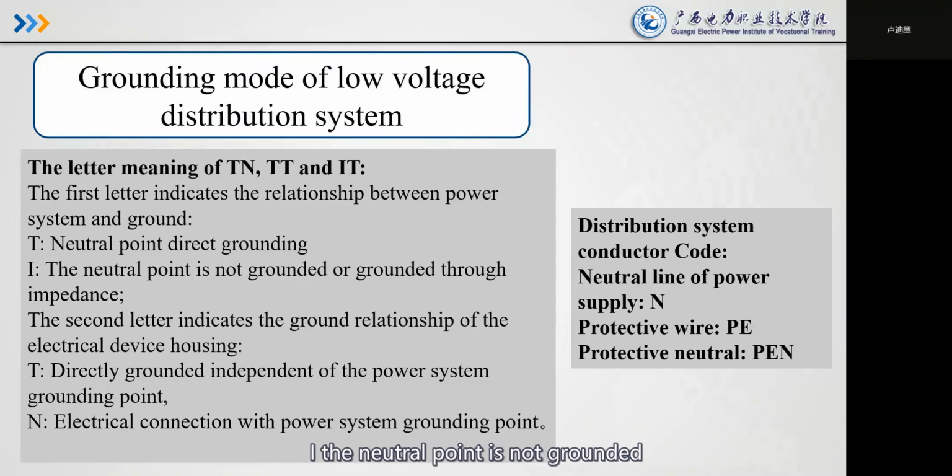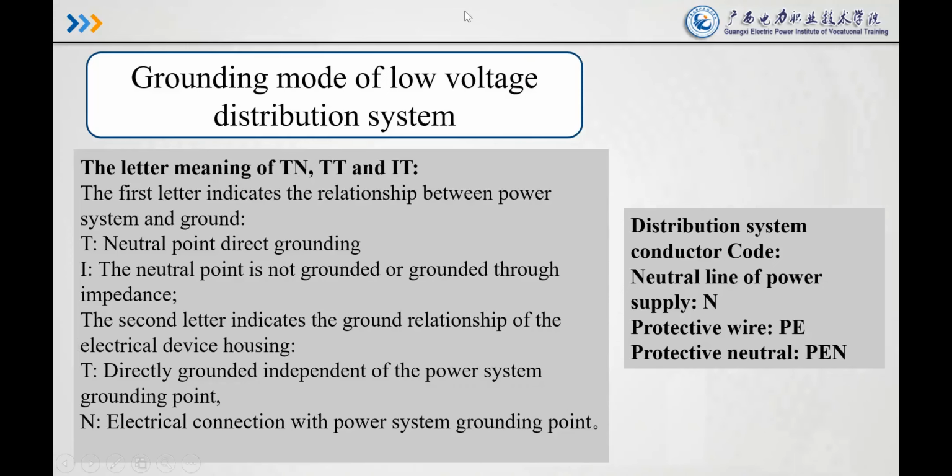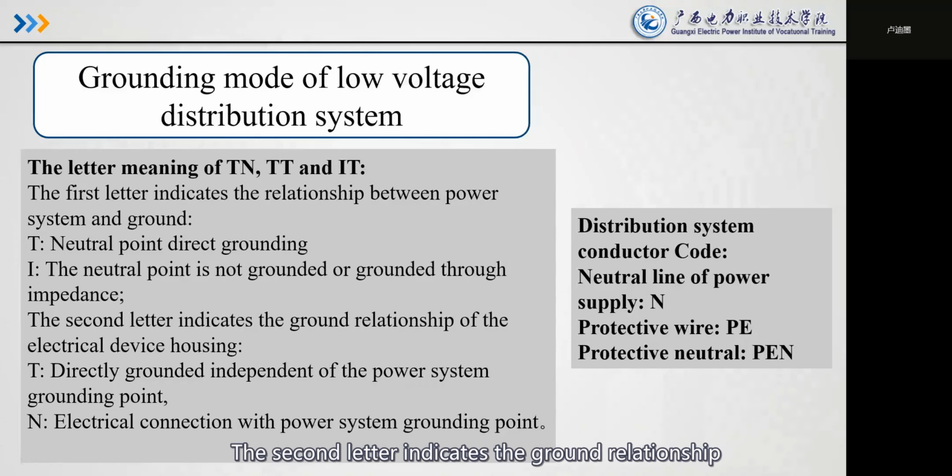I: the neutral point is not grounded or grounded through impedance. The second letter indicates the ground relationship of the electrical device housing. T: directly grounded independent of the power system grounding point. N: electrical connection with power system grounding point.